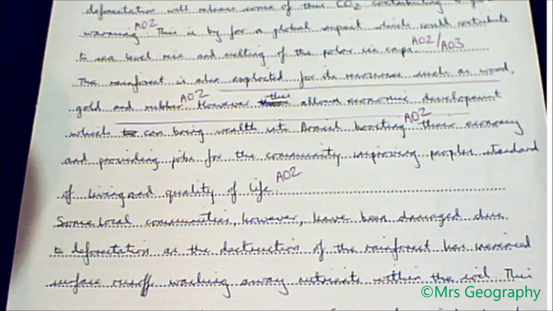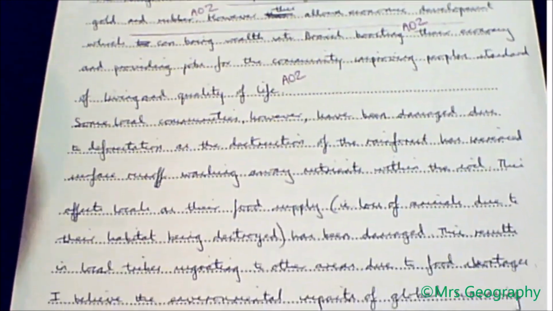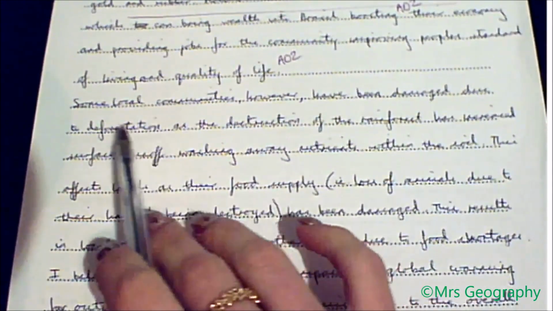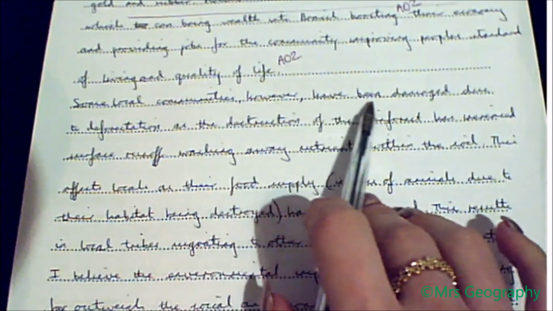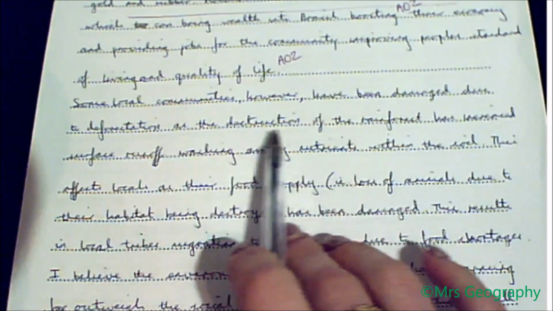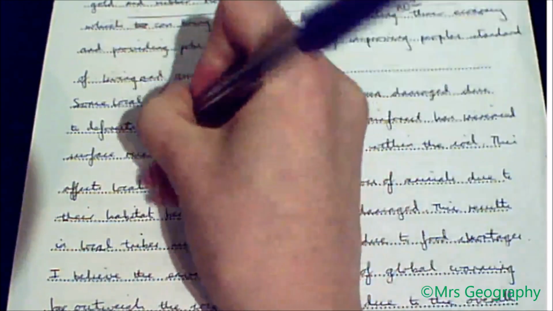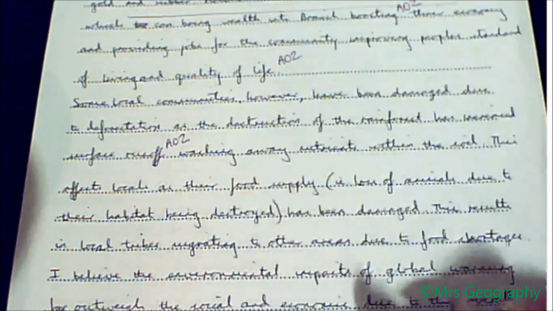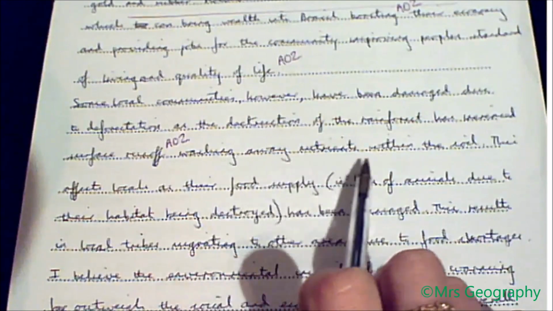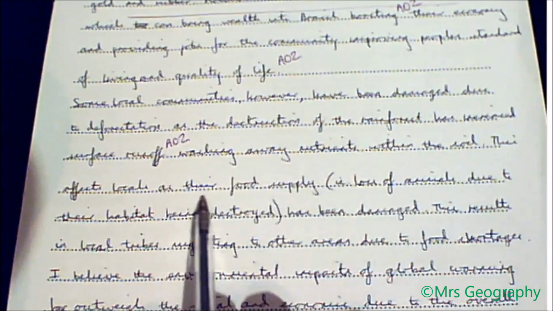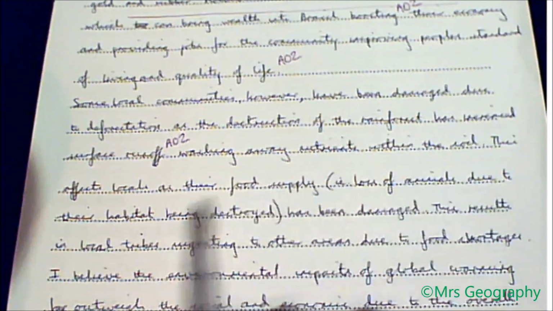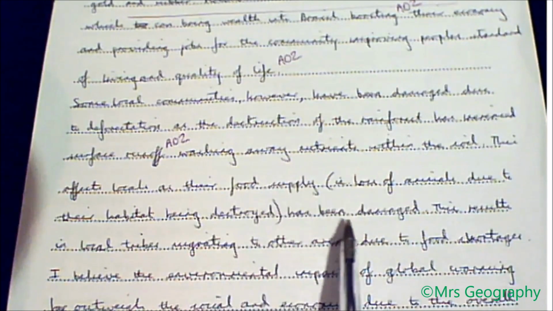And they actually make no judgment in this section, but that's okay because they've made a judgment above. They move on to then looking at the social impacts. So some local communities have been damaged due to deforestation, as the destruction of the rainforest has increased surface runoff, showing their understanding. Washing away nutrients within the soil affects locals' food supply, and loss of animals due to their habitat being destroyed has been damaged.